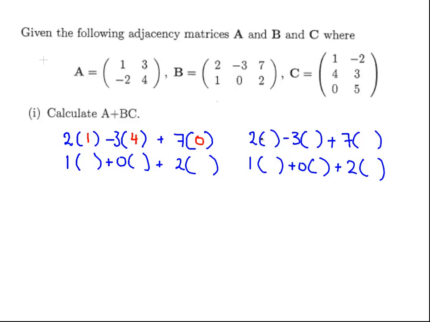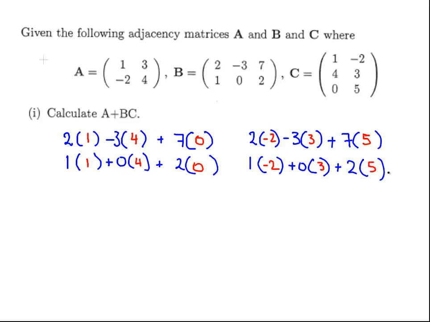And in the second one, we have minus 2, 3, and 5. Same thing for the bottom row. I'm going to put in the values from the first column of C, 1, 4, and 0. And likewise here, the second column, minus 2, 3, and 5.